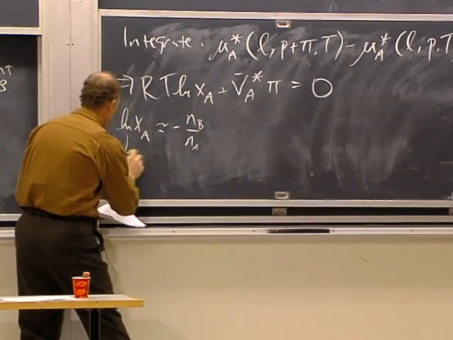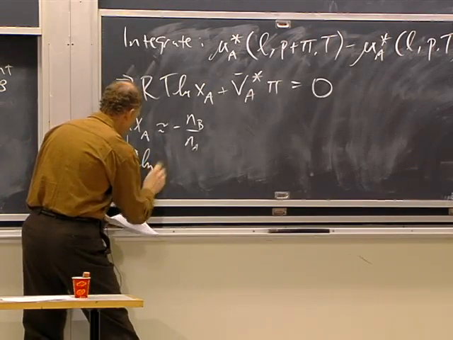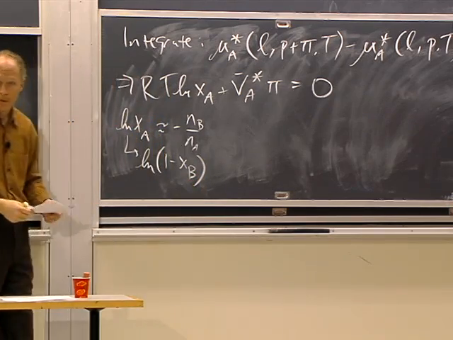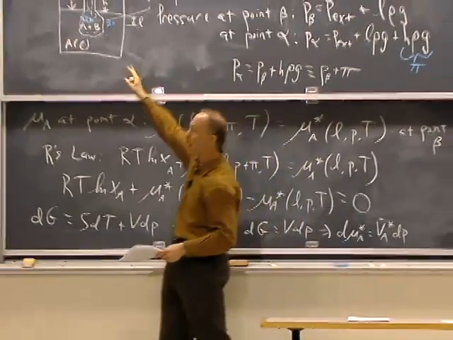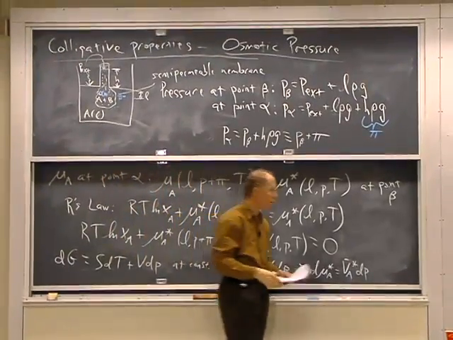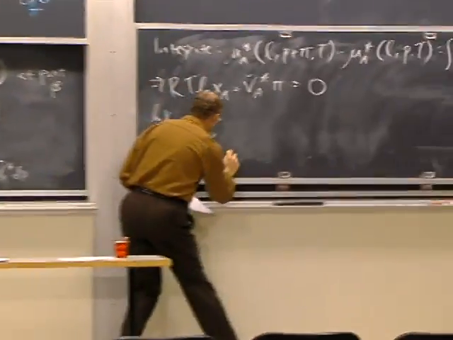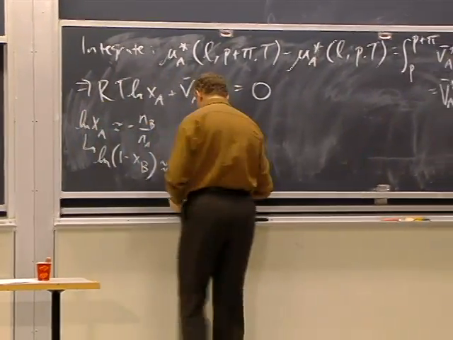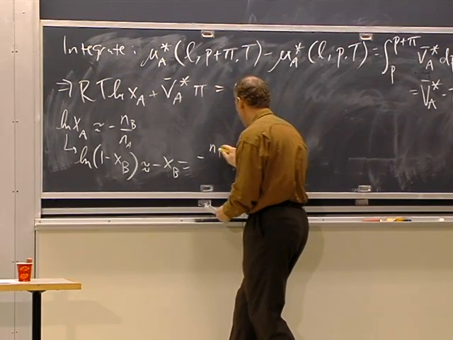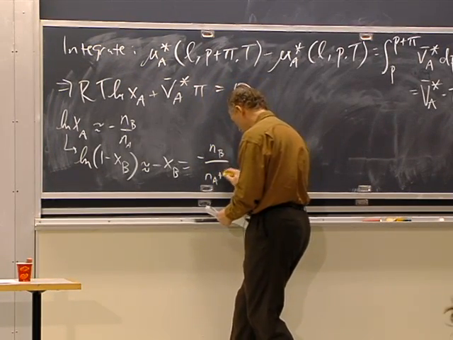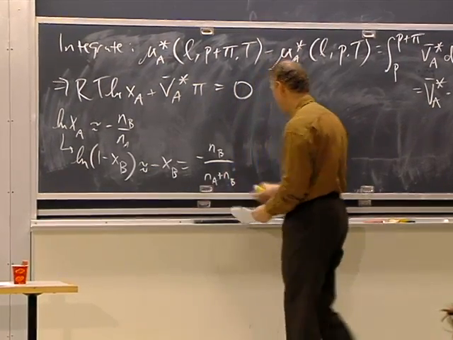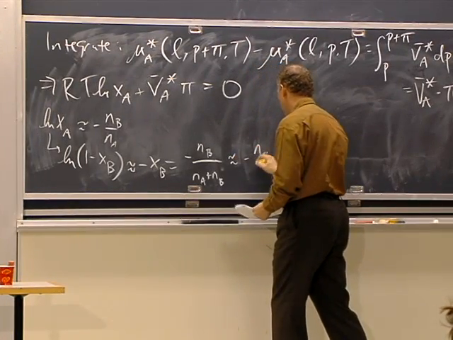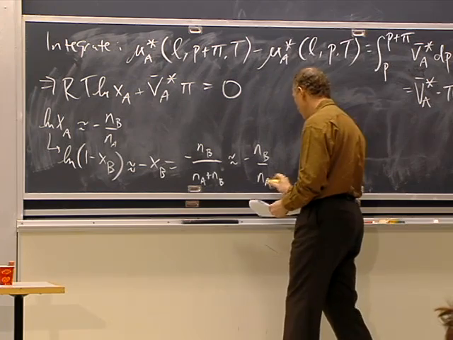If you remember, this came from writing that this is equal to the log of 1 minus XB. But we're assuming that B is the minor constituent here, so XB is a small number, so that this is roughly equal to minus XB. And that's just minus NB over NA plus NB. And since NB is much smaller than NA, this is approximately equal to minus NB over NA.